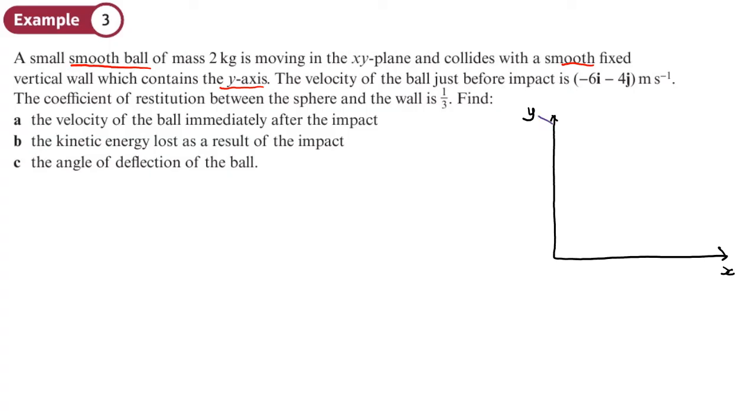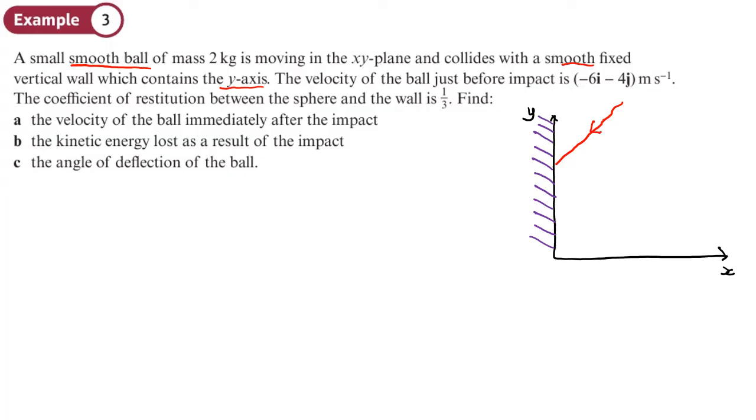So let's say that our wall is like this. The velocity of the ball before the impact is -6 minus 4. So let's try and draw this so it's sort of to scale. So -6 minus 4 means it's moving down and this way, like this.